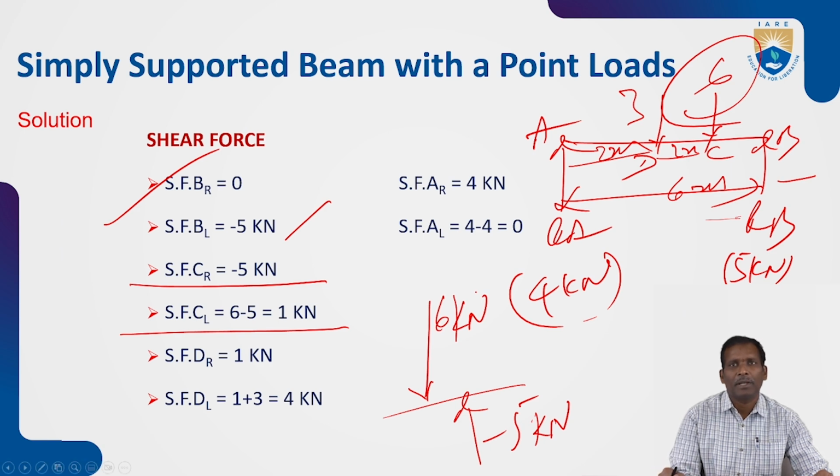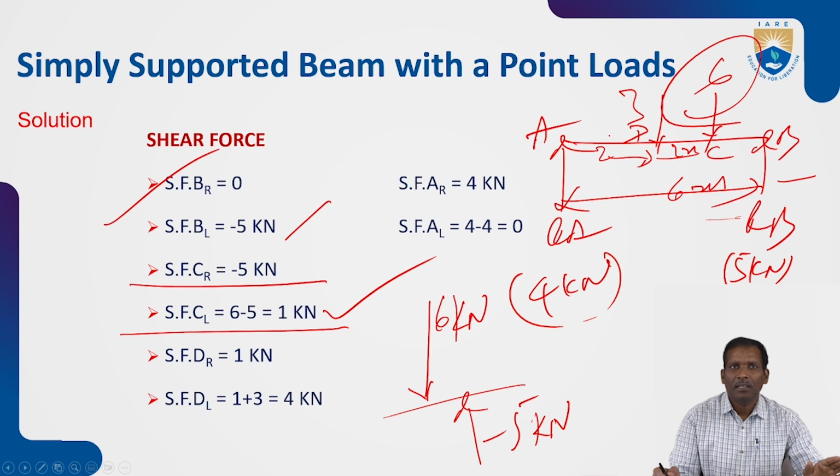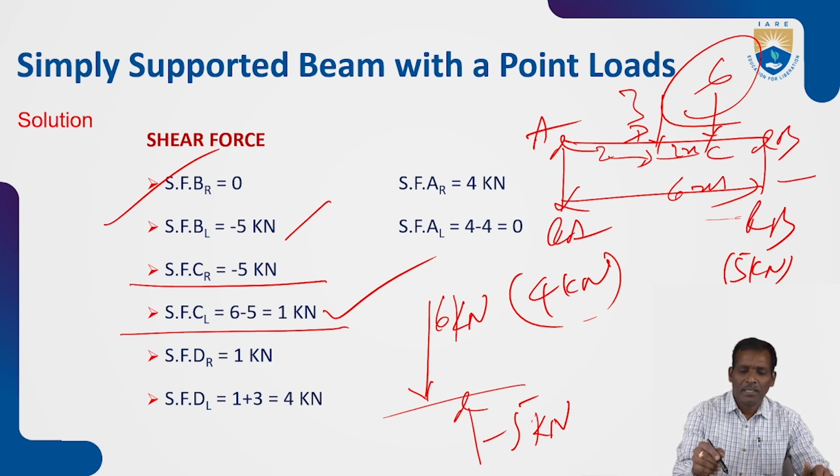Six kilonewton and minus 5 kilonewton. So 6 minus 5, 1 kilonewton. At D point, 2 meters at D. At D, right is 1 kilonewton and left is again at C point.